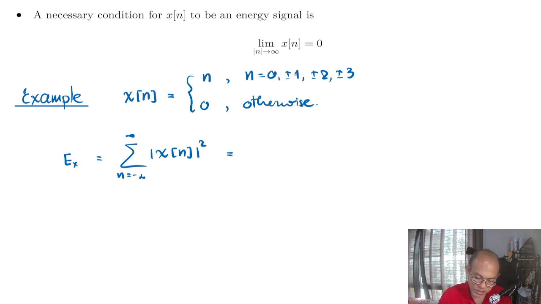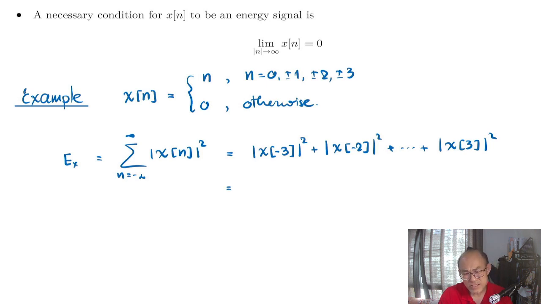Because the signal x has only 7 samples here, we're going to have the magnitude of x at minus 3 squared plus the magnitude of x at minus 2 squared plus and so on until the magnitude of x at 3 squared.